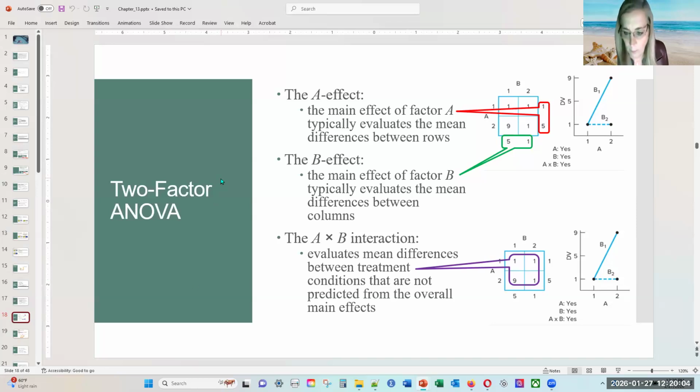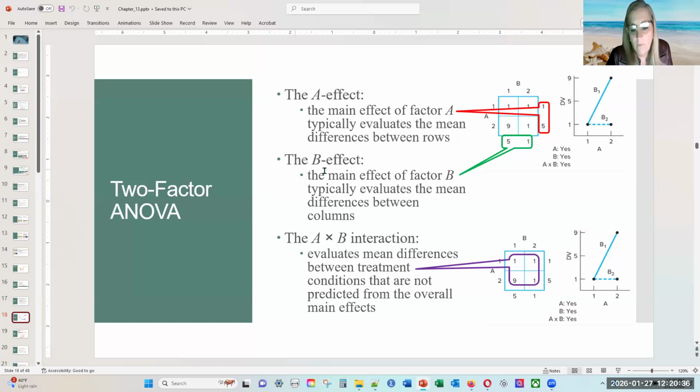All right, so here we're looking at what the chart might look like if we were to graph these. And so if you have a main effect for A, it evaluates the mean differences between the rows, right? The 1 and the 5. And in this case for A, the 1 and 5 you can see are charted right here.